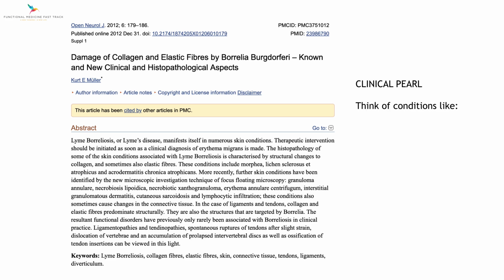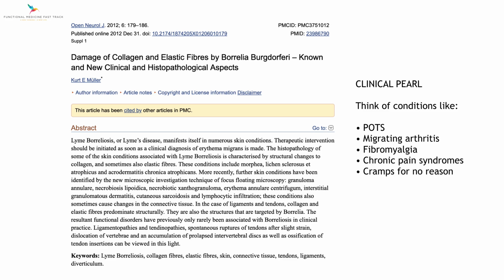I really want you to think of some conditions that may be associated with Lyme disease but treated on their own, such as POTS, postural orthostatic tachycardia syndrome, migrating arthritis, fibromyalgia, chronic pain syndromes, and cramps for no reason, particularly in the calves and the feet during the night for no specific reason.